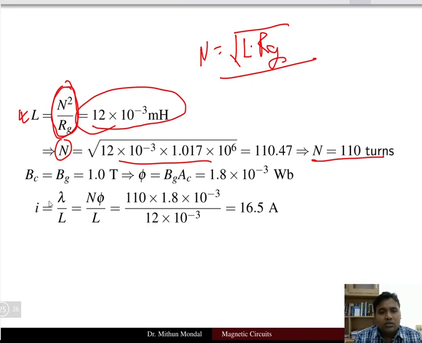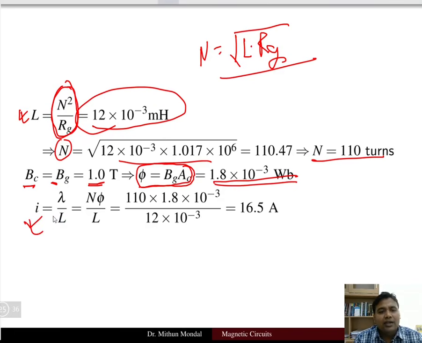Now, since the core flux density and the air gap flux density have to be maintained at 1 Tesla, phi is equal to Bg into AC, the air gap flux density into the area of the core. So you will get a flux of 1.8 into 10 to the power minus 3 Weber. And finally, you can calculate the excitation current.